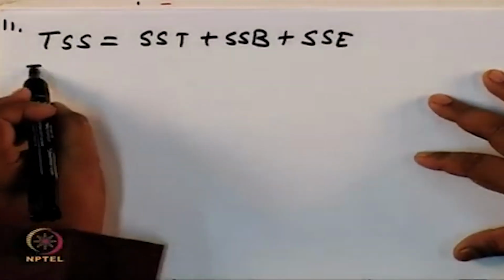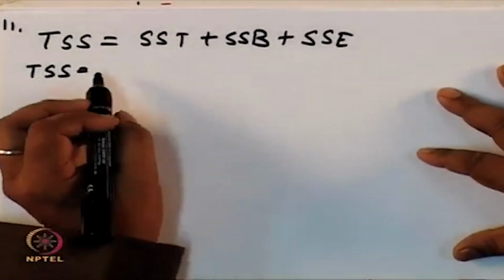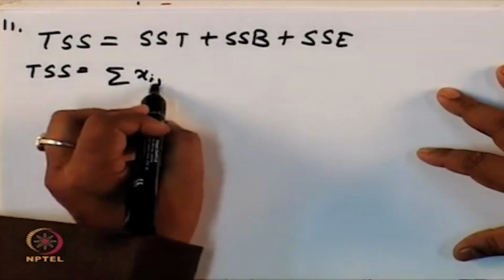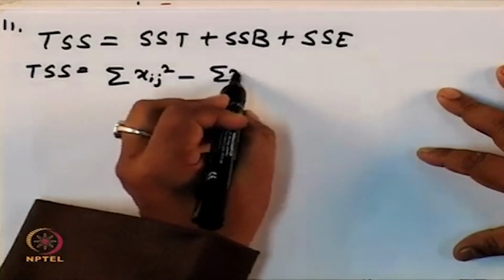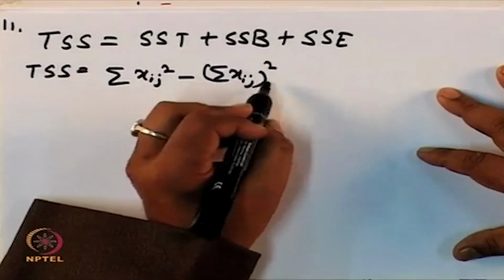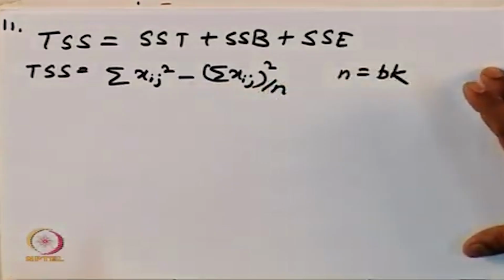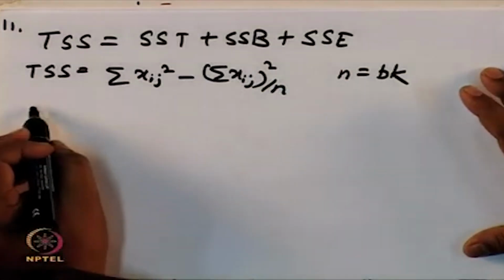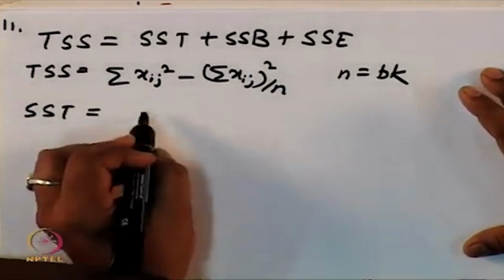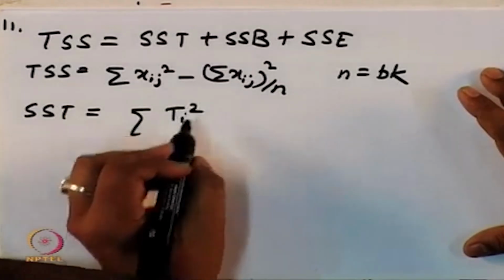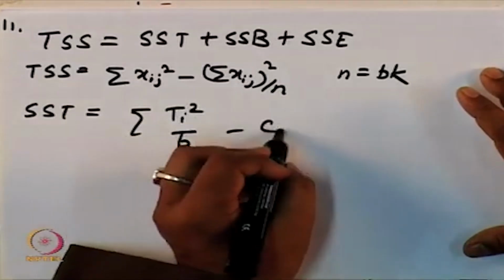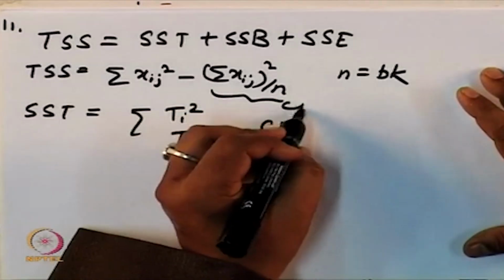I can write the TSS as before, which is summation of xij square minus summation of xij whole square by n, where n is equal to b times k. You can write down the expression of SST is equal to summation of Ti square by b minus Cm. This is also called Cm.